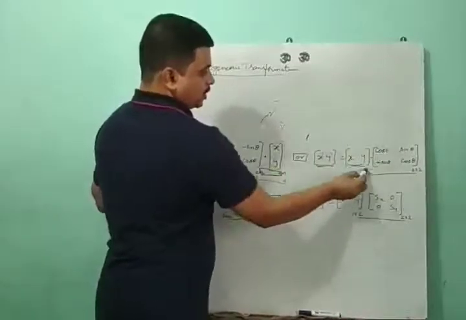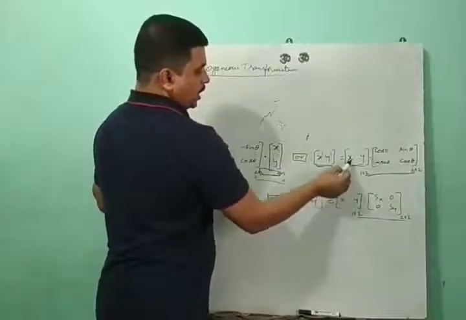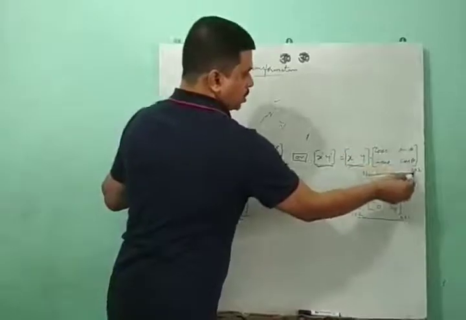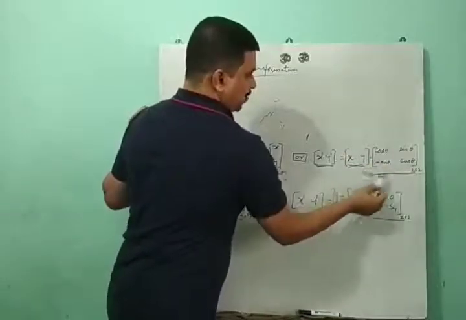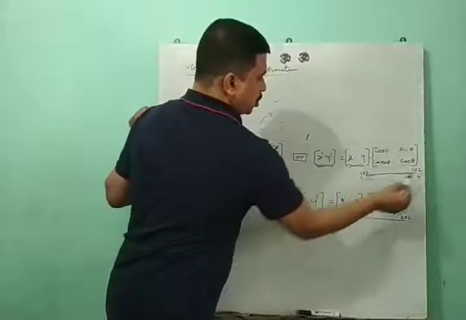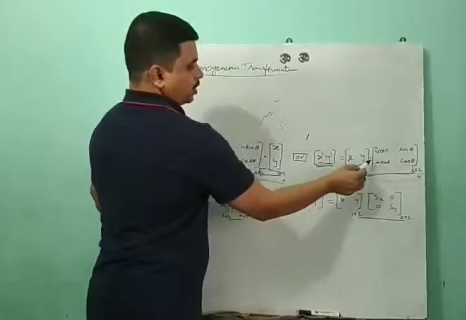So here you apply the multiplication rule. The inner dimensions are equal: it is 1 row 2 columns, and this is 2 cross 2. So these two are equal, and the resultant matrix will be 1 row 2 columns.